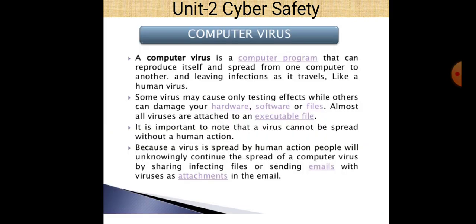Now next is computer virus. What is the definition of a computer virus? Note the important point: a computer virus is a type of malware. A computer virus is a computer program that can reproduce itself and spread from one computer to another, leaving infection as it travels, like a human virus.